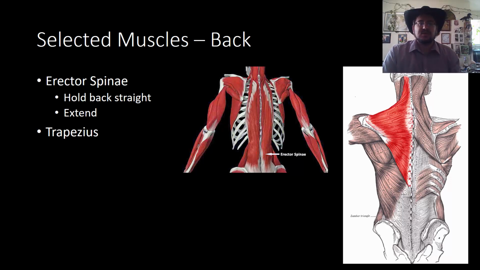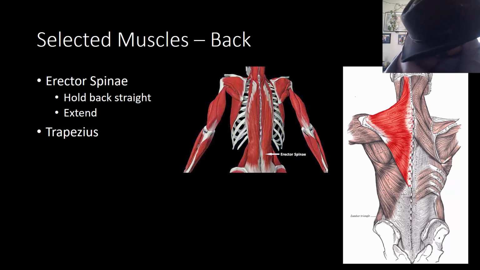It's moving your head up and to the side, like that. That's some trapezius action. Your trapezius is this big old shoulder, or this big old neck muscle right here, right? So when you think of trapezius, think of this.